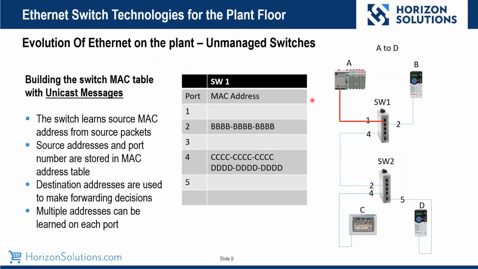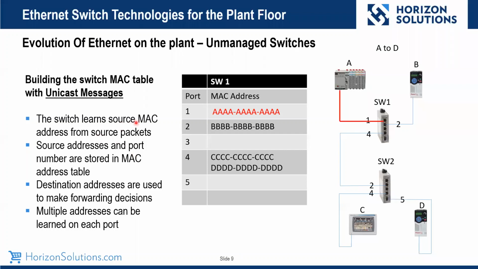These MAC addresses I made up, to make it easy for clarification: AAAA, BBBB, et cetera. When these switches first come out of the box, this MAC address table is blank, but I pre-filled some things in. So when A wants to get to D, it goes out port 1.